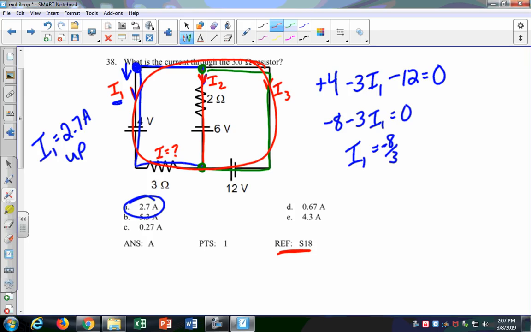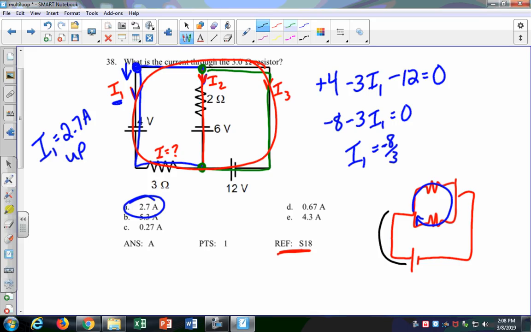In fact, you know what? We don't do this because it's not terribly useful, but if you have a circuit like this, I can apply the loop rule to this loop. The sum of those potentials has to be 0. Or I can apply the loop rule to this loop.